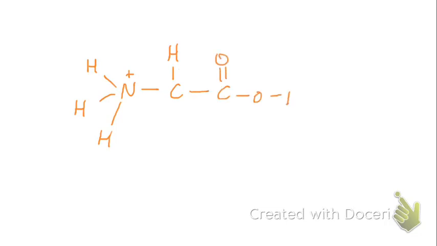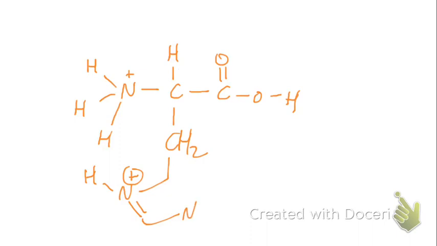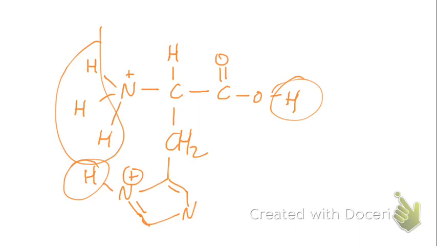And so what we see, this is in its fully protonated form. Histidine is a very important amino acid. And what we can see here is that all of these protons, this proton, that proton, all have pKa values. They can all be removed.